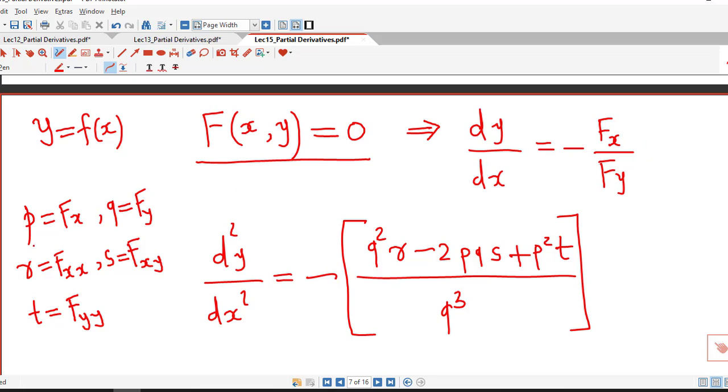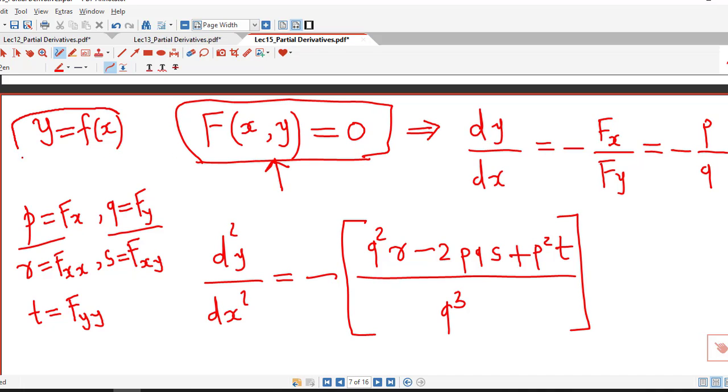And if we use p and q for these derivatives, we can write dy by dx equal to minus p by q also. So from this implicit relationship between x and y, where y is a function of x, we can find out dy by dx and d square y by dx square using these two formulas.